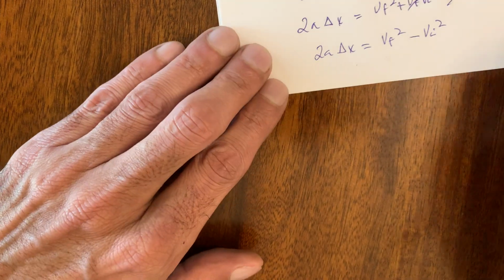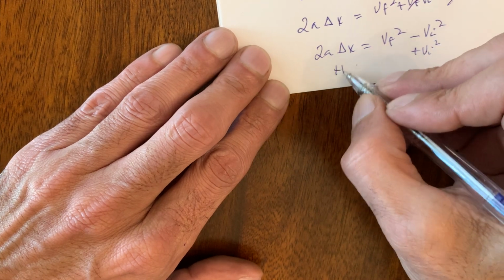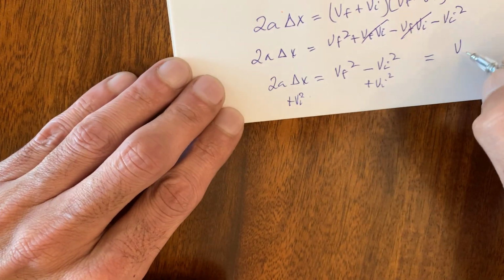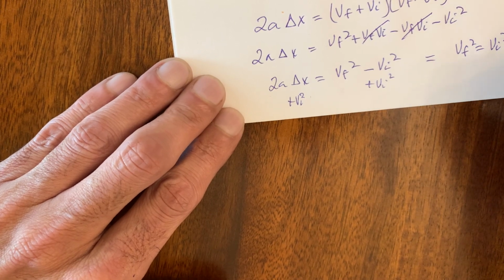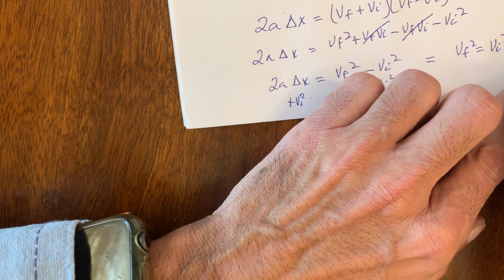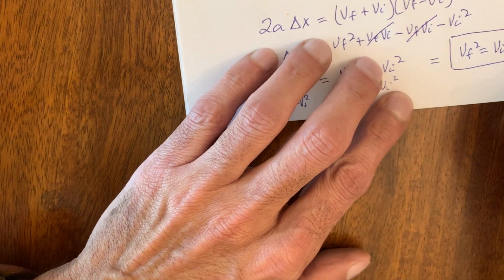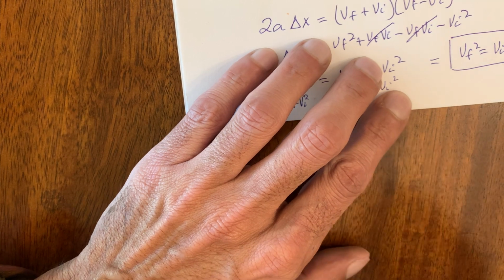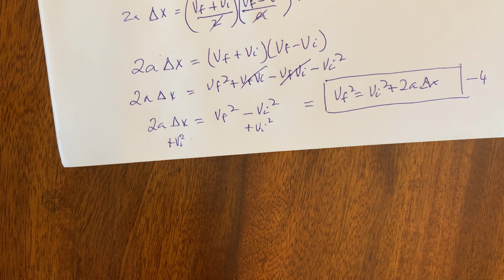We're almost there. So I'm going to add VI squared to both sides, and I end up with VF squared equal to VI squared plus 2 times A times delta x, which is our displacement. And right there, that is your fourth equation.